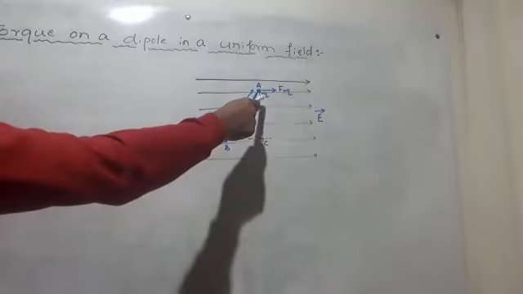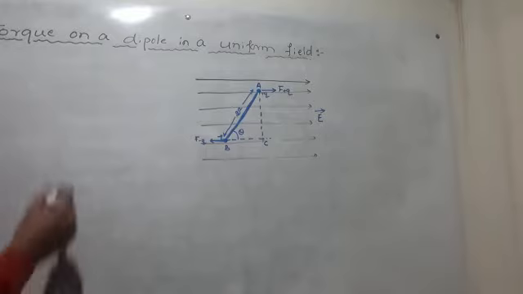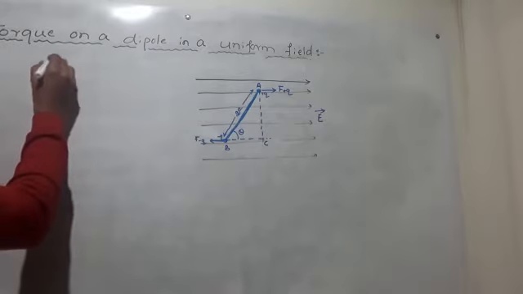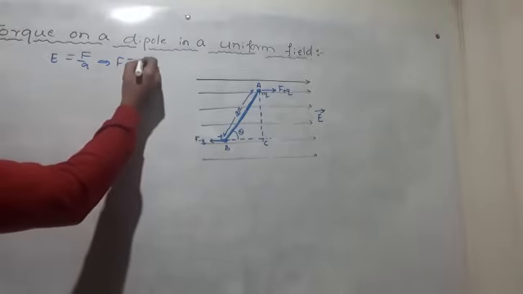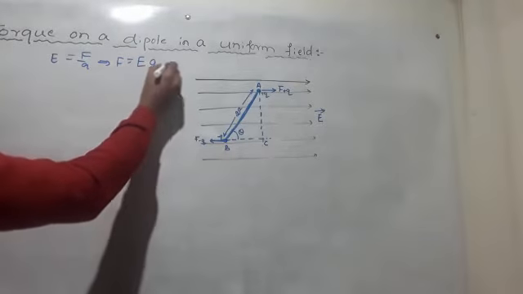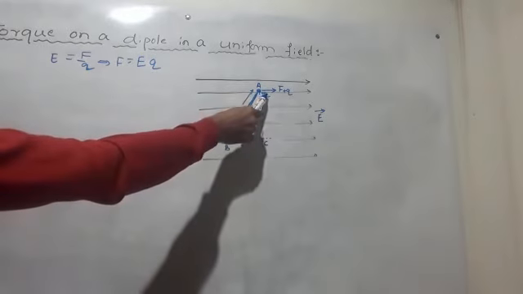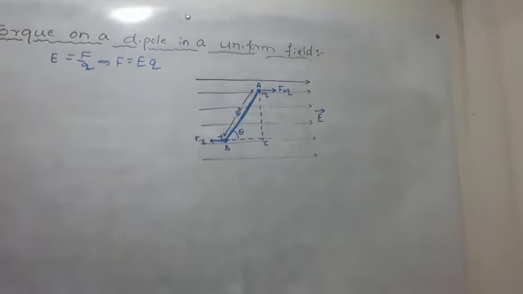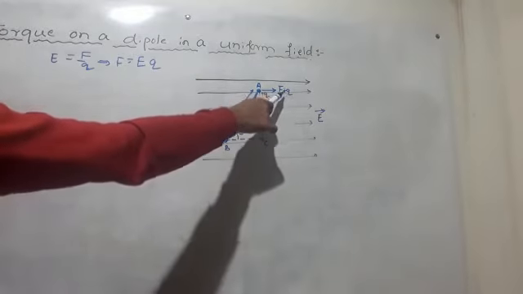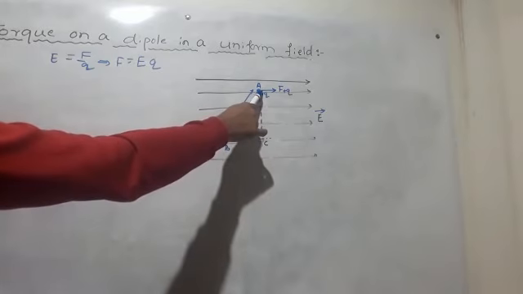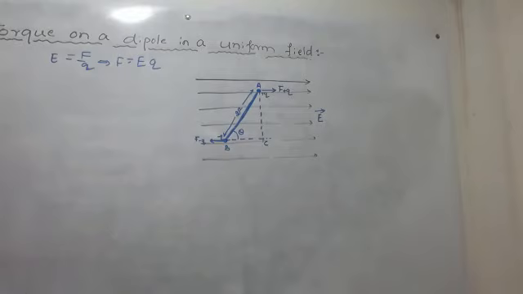Now, if we place any charge in the electric field, then it experiences a force F equal to E into charge Q. Therefore, if I consider plus Q charge, then a force of F plus Q is acting on this charge of the dipole, say along this direction.